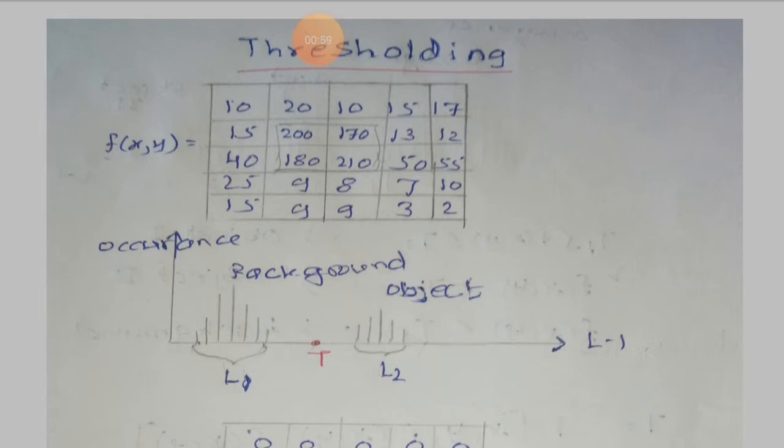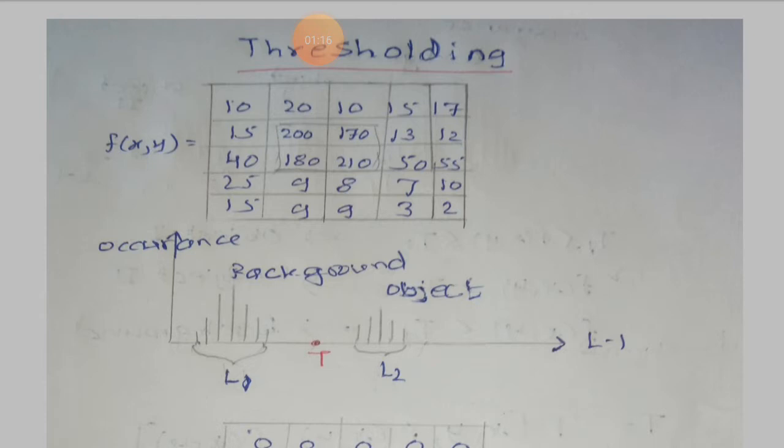Now just by observing here, we can say that there are two modes present in this image, that is, a light object is present on a dark background.